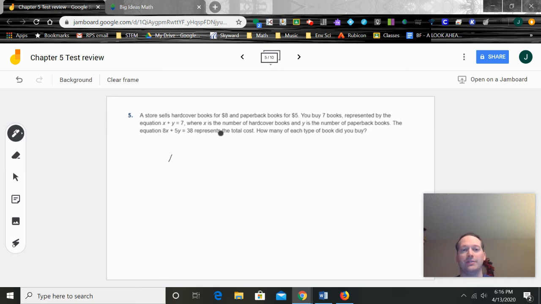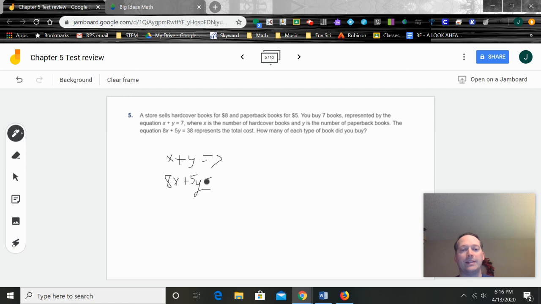Okay, and this equation tells you the total cost. So the number of hard books is $8 each. The number of paperbacks you get is $5 each. So you multiply those out, and it has to equal 38. So x plus y is 7, okay? 8x plus 5y equals 38.